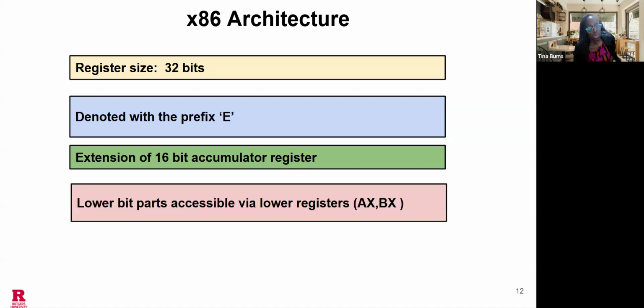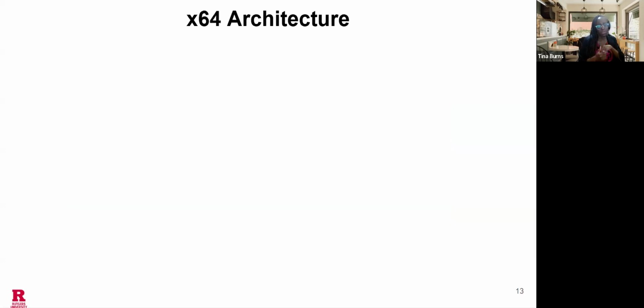And also, when we saw those memory addresses or those lower registers AX and BX, those lower bits are typically what are used for your lower registers, right? So hopefully that makes a little bit more sense.